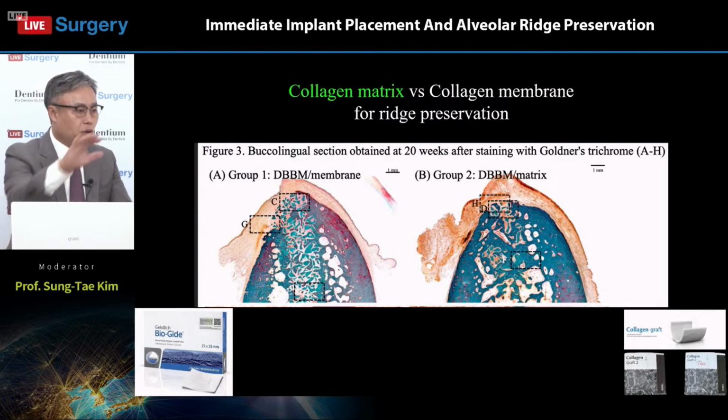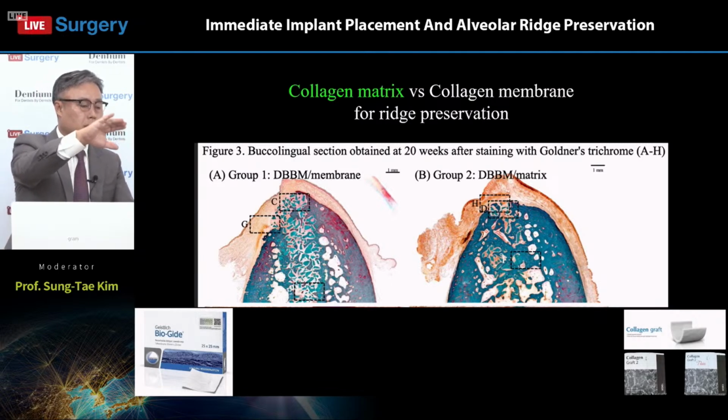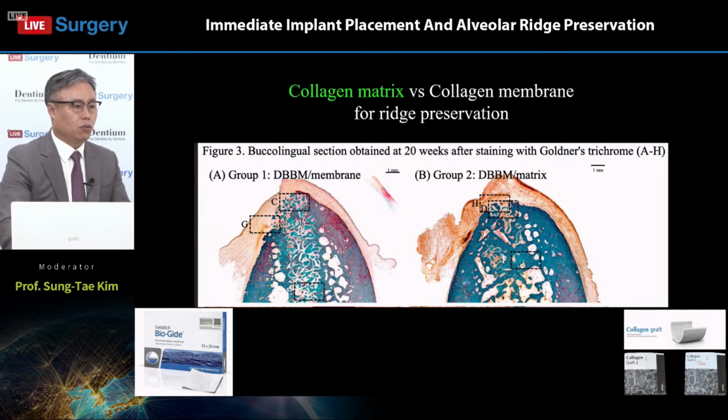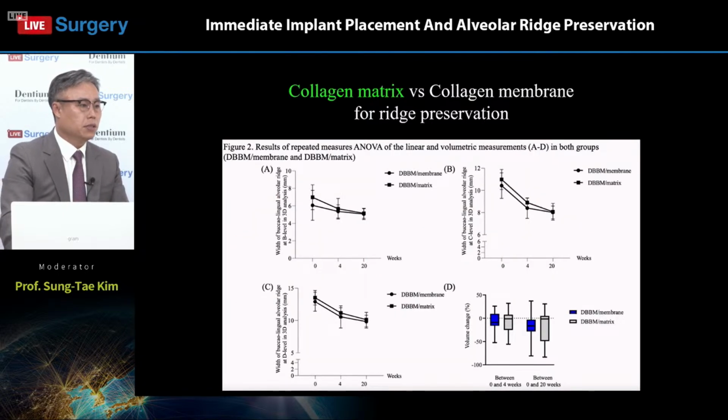If you look at the soft tissue area, there is some thicker, well-healed soft tissue. We can find it in group 2, which means the group where we applied the collagen matrix. So my preference is collagen matrix based on this kind of study.